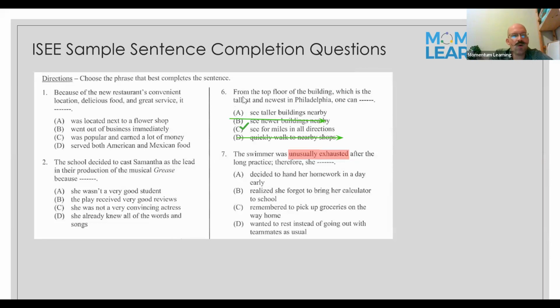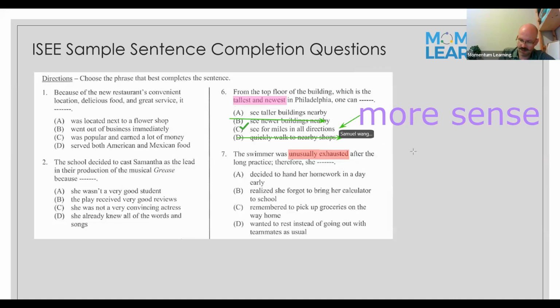Okay. So what information I have in this one is that this building I'm in is what, Samuel? This building that I'm on the top floor of, in this hypothetical sentence, is what? Yeah, I see what you're saying.